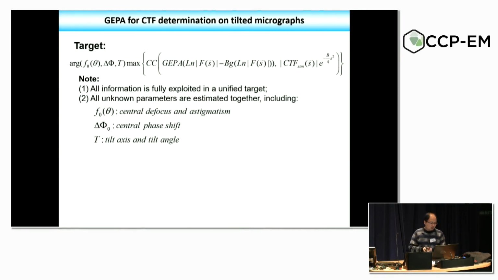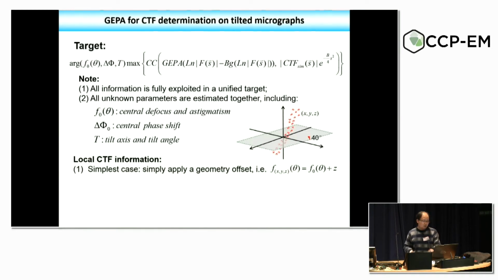I should mention that in this target function, we basically estimate the central defocus, the astigmatism, the central phase shift, and the tilt axis and tilt angle. But it's still not localized CTF information. We can get the local CTF information by applying a geometry offset. It's basically quite simple, applying a Z-shift.